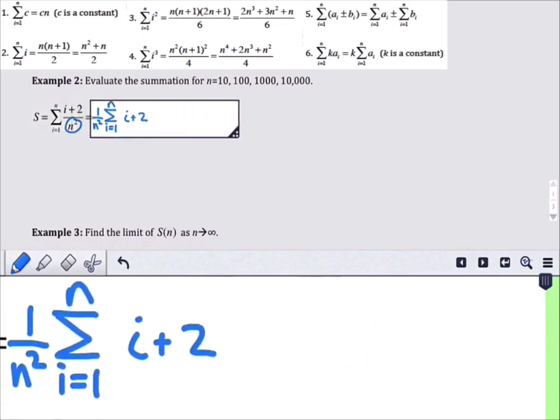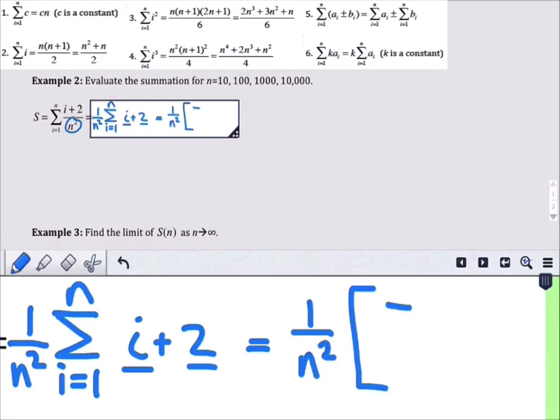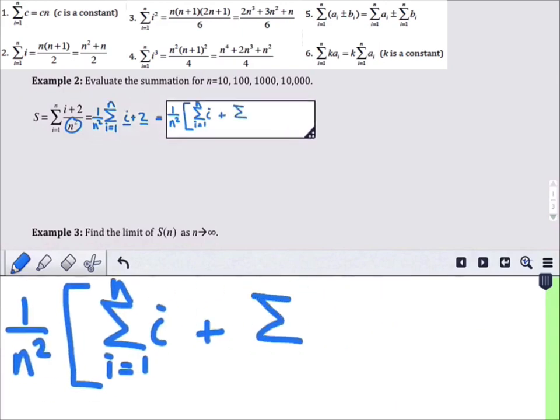Now we can use the property where we have our addition of two functions in here. So we would have 1 over n squared times the sum from i equals 1 to n of i, plus the sum from i equals 1 to n of our constant 2.